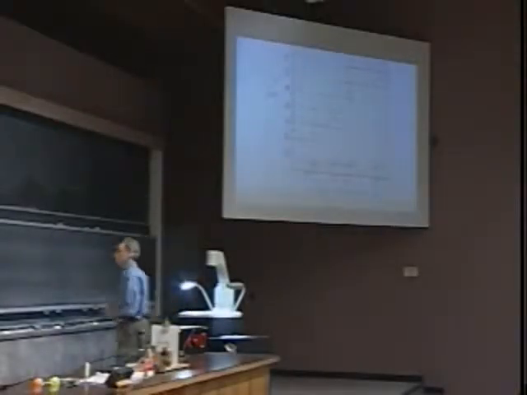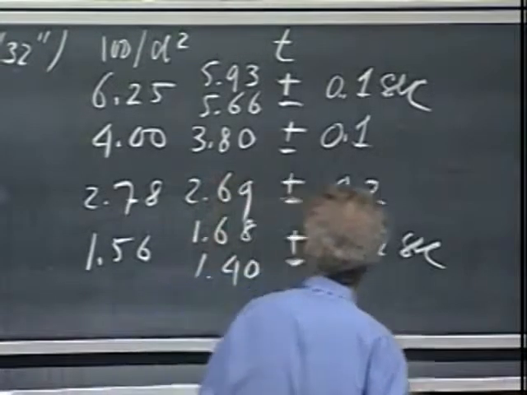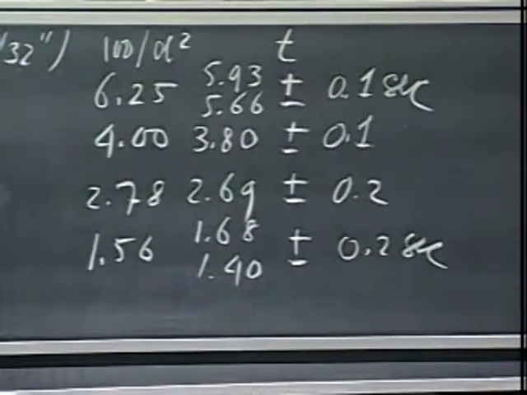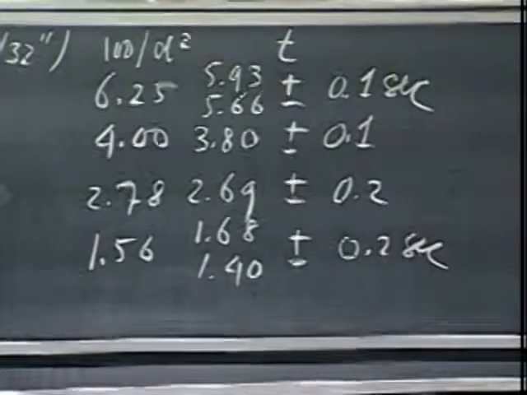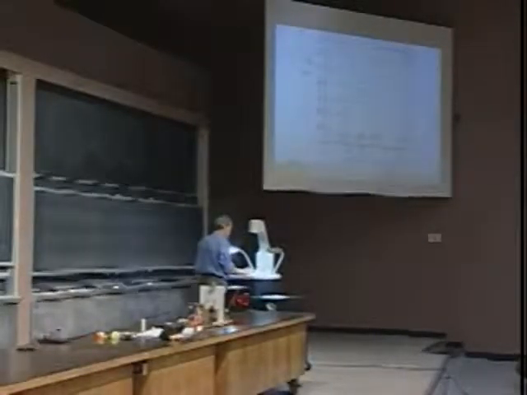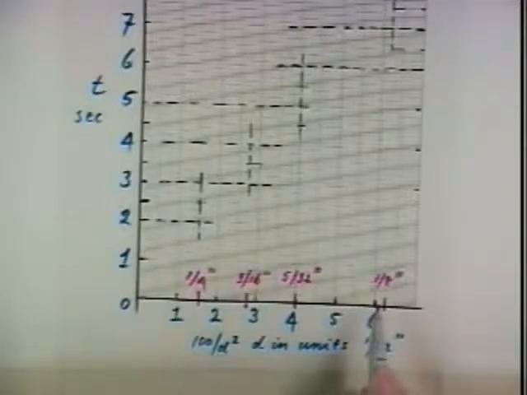So first, let's put in 5.8 seconds for the smallest ball bearing. This is the smallest one. Don't be misled, because this is 100 divided by d squared. So this is the smallest one, 5.8.